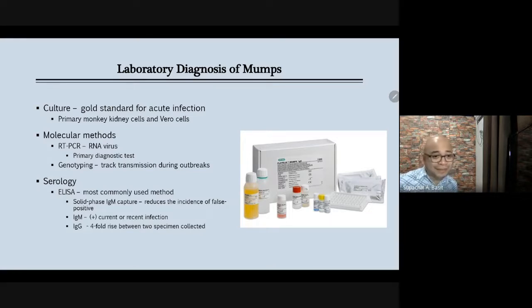Different platforms are available, such as ELISA or the solid phase IgM capture, which will reduce the incidence of a false positive. Just like in any other assay, the presence of IgM will indicate current infection, and for IgG, particularly a four-fold rise between two specimen collections with an interval of 10 to 30 days is considered significant.